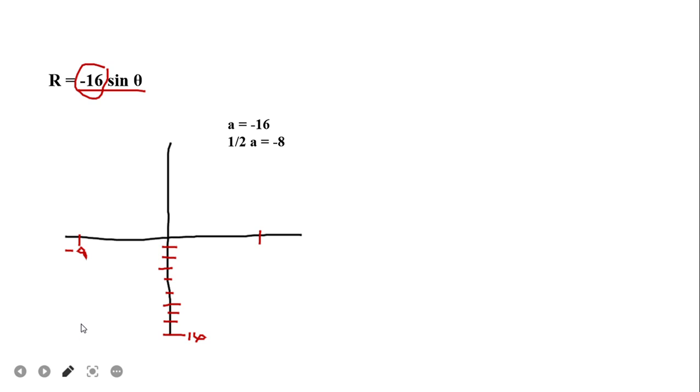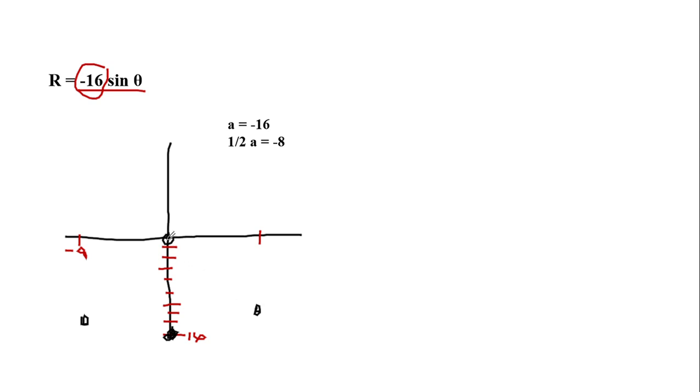We need to point it out. So our A is negative 16. So it is here. And then have our origin. And then half of A is negative 8. So here it is, and there it is.